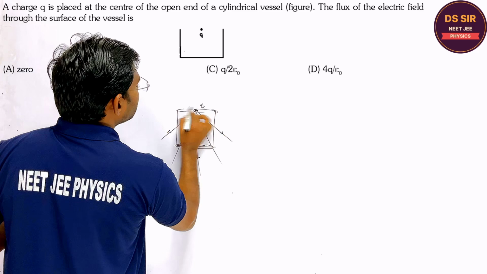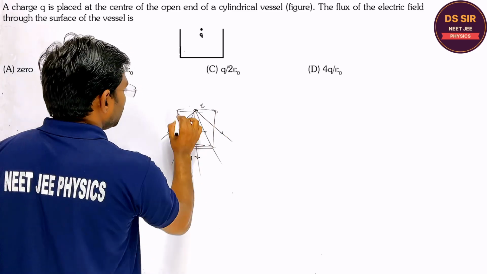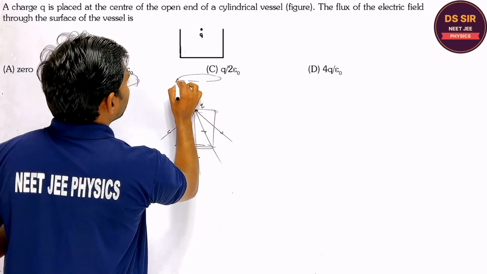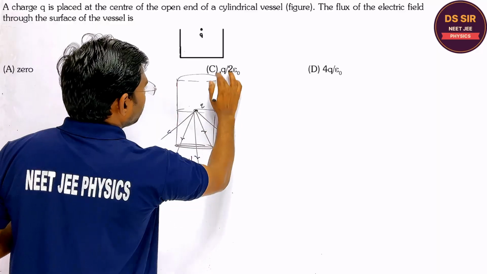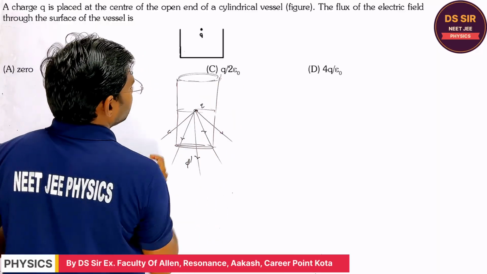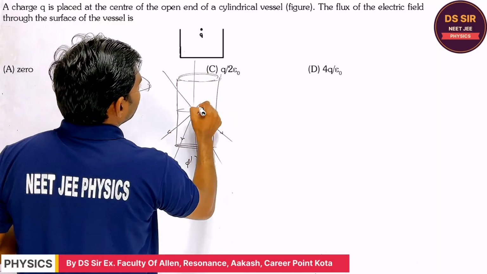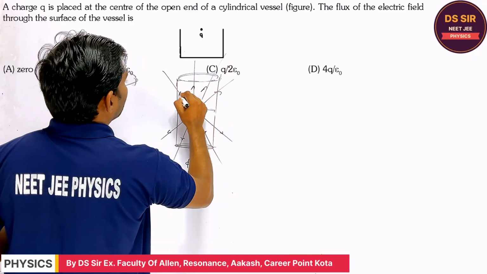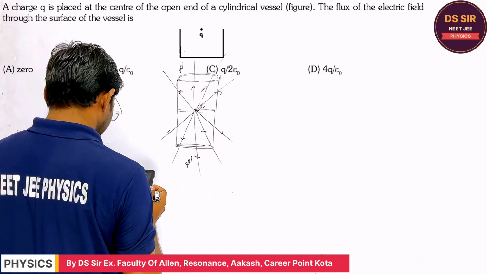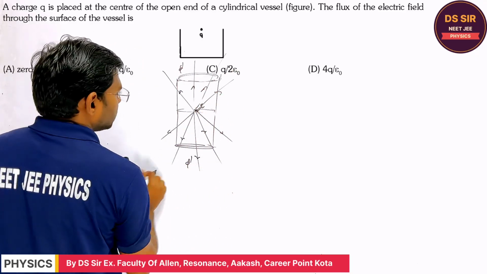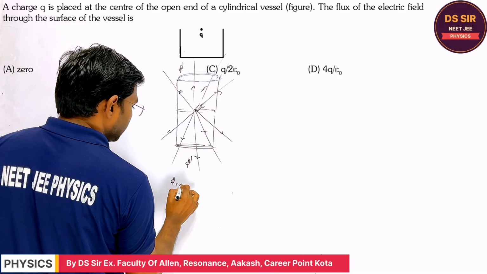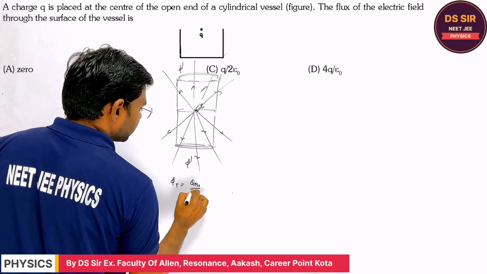To find the flux phi dash, you just have to imagine one more half cylinder on the upper side. Now you will see that the flux is phi dash over there. Is it clear or not? And the total flux is nothing but charge enclosed divided by epsilon naught.